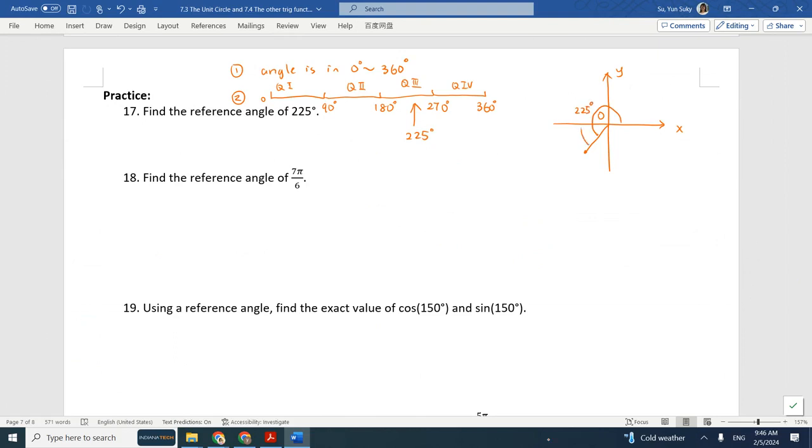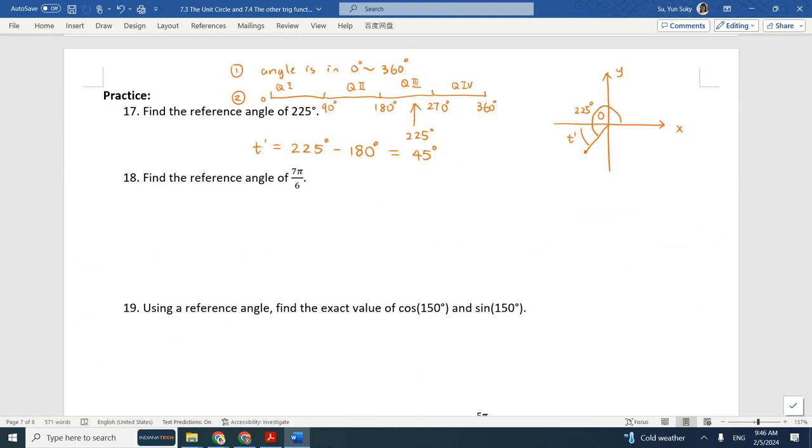Then our reference angle, the T prime, you see T prime is 225 minus 180. Can you see from the picture? So T prime is 225 degrees minus 180 degrees, which is 45 degrees. So the reference angle is 45 degrees.